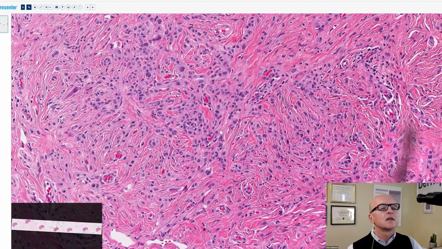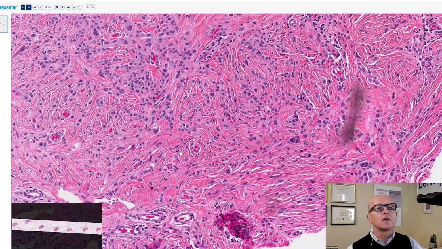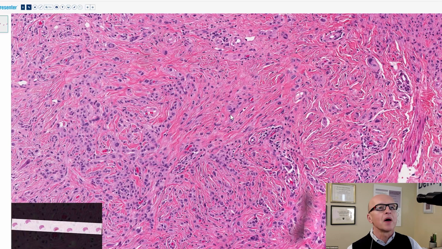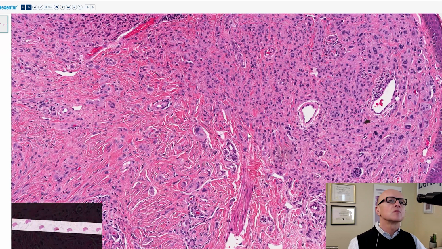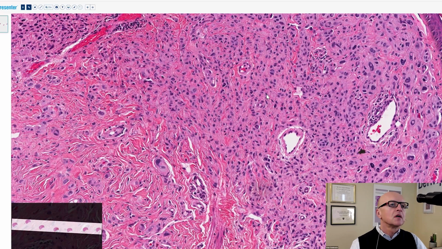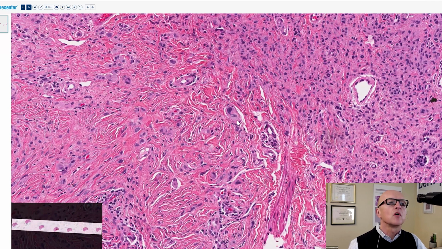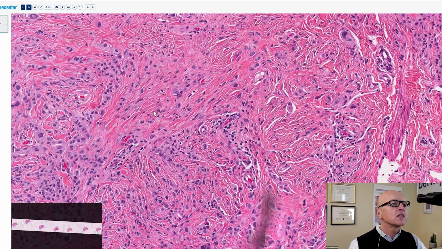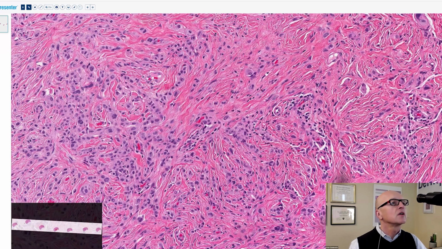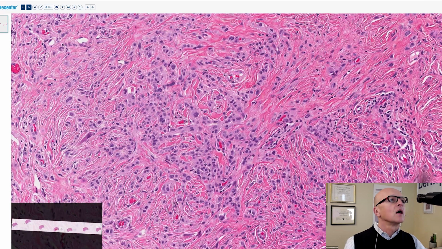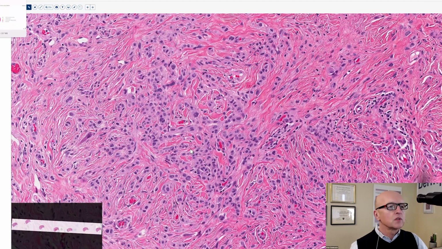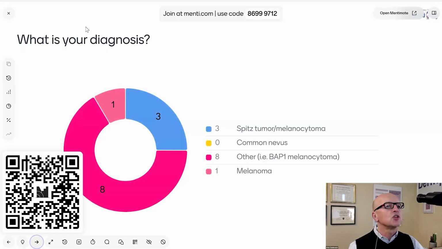And the second consideration, related to the first one, is this a benign lesion or is this a melanoma? Right. And we have areas that look more conventional, and then we have areas of intermingled very pleomorphic cells. So I think that's pretty much it about this lesion. So I'm curious if you can go to the Mentimeter and share your thoughts. What do you prefer just based on the H&E?